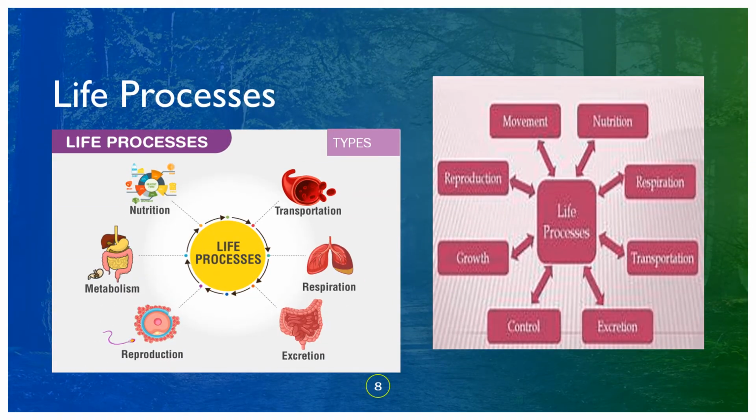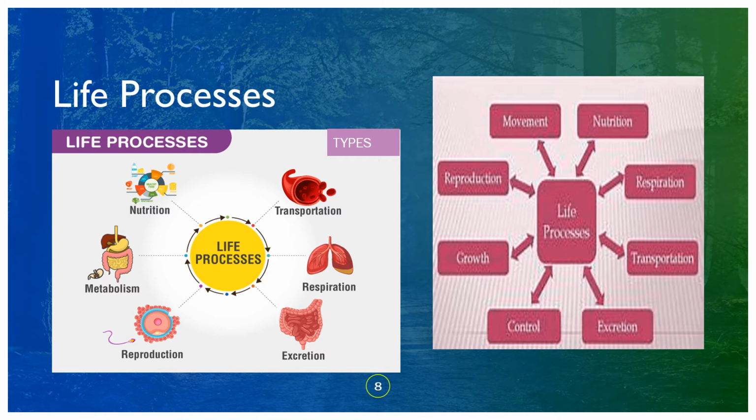And here you can see the picture. The life processes are divided within the first picture: transportation is through blood. So here a segment of blood is shown. Second, respiration is done through lungs. So lungs picture is there, or we can say respiratory system is there. In excretion, you can see the intestine is shown.